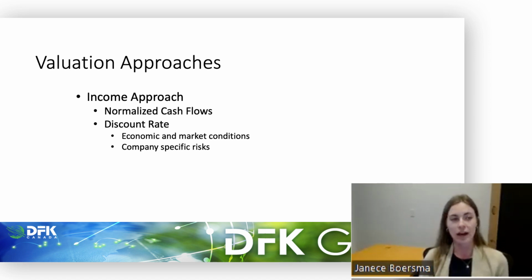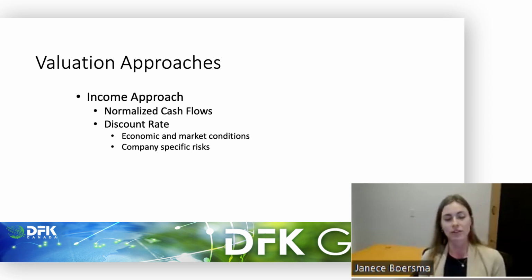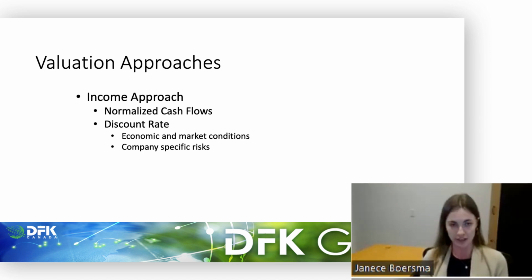That's called a capitalized cash flow or capitalized earnings approach. Really it's looking at, say, the last 5 years of cash flows of the company, normalizing them to take out any non-recurring items, and we're trying to get to a maintainable cash flow or earnings number, and really what the company is expecting to earn going forward. The other main approach, to contrast that, is called a discounted cash flow approach, and there we would use an actual forecast, looking at, say, the next 5 years and what we actually think is going to happen.